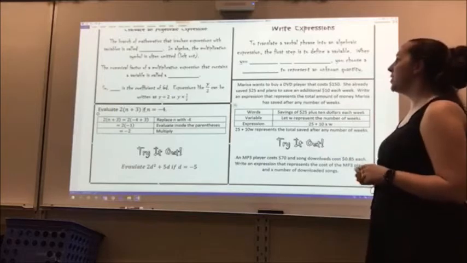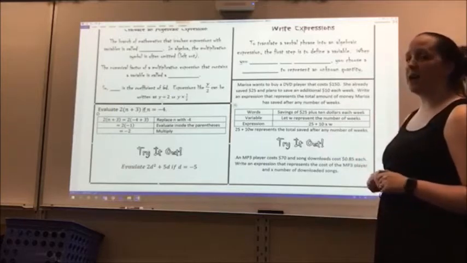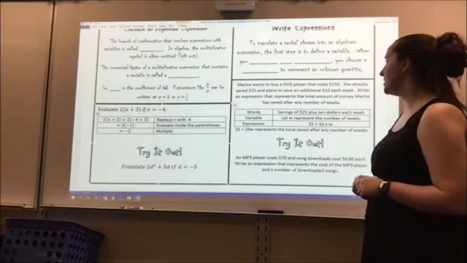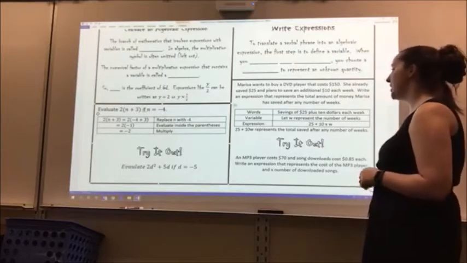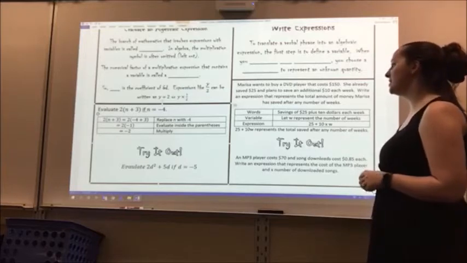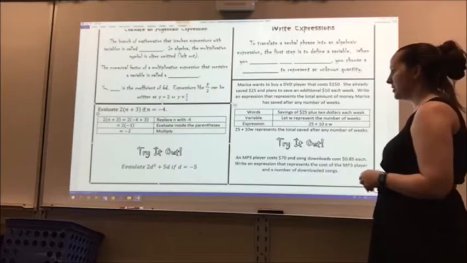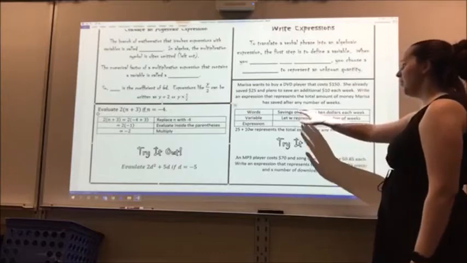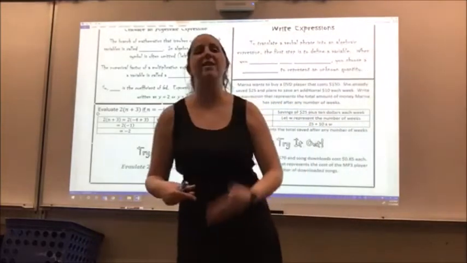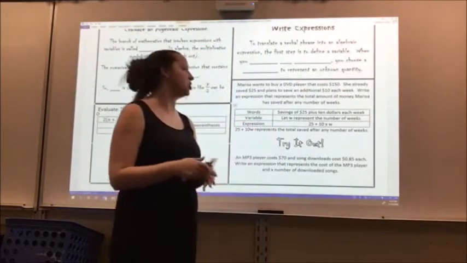Then I have Marissa wants to buy a DVD player that costs $150. She already saved $25 and plans to save an additional $10 each week. Write an expression that represents the total amount of money Marissa has saved after any number of weeks. So, in words, she has savings of $25 and she's saving $10 each week in addition to that.